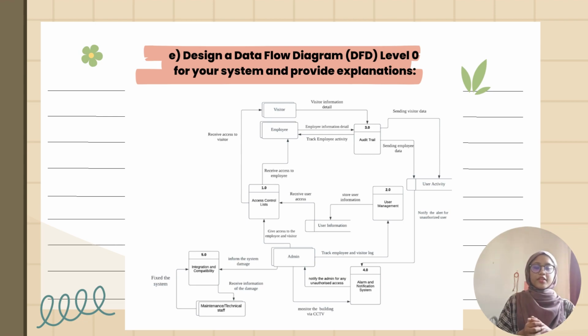From the alarm and notification system process, lastly, the integration and compatibility process receives information of the damage and sends it to the maintenance or technical staff. Maintenance or technical staff will fix the system function.